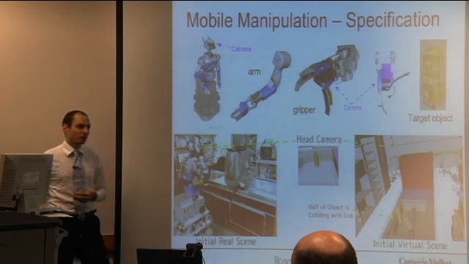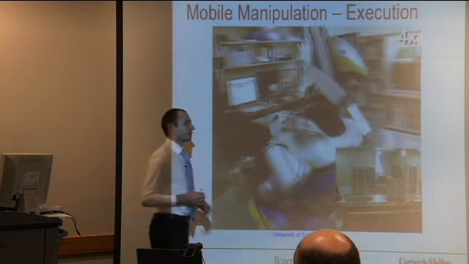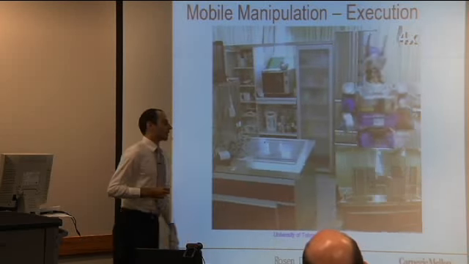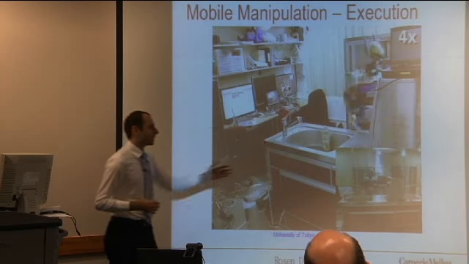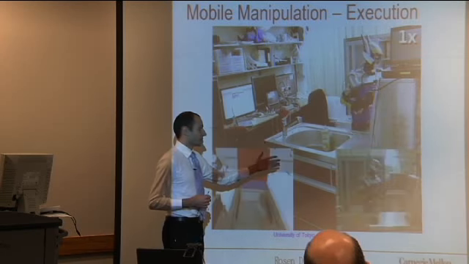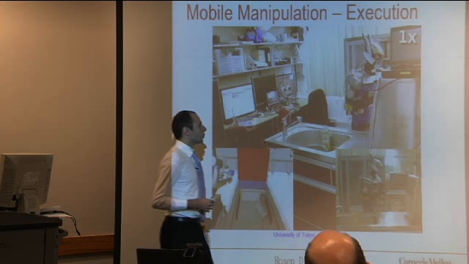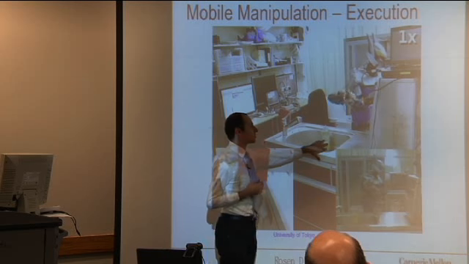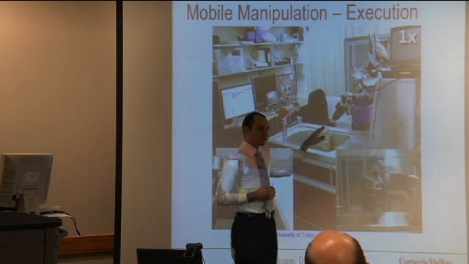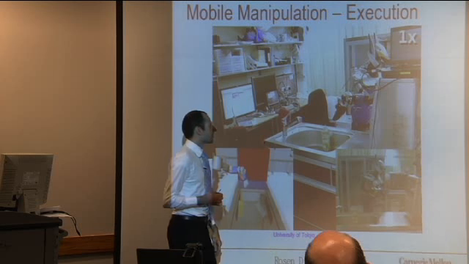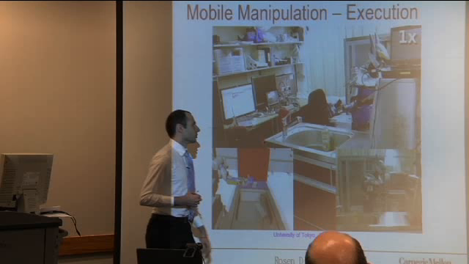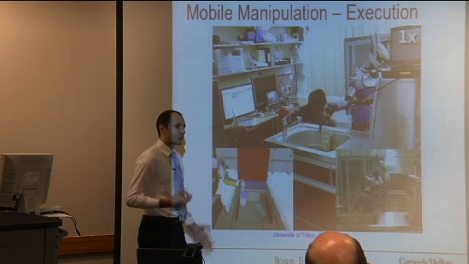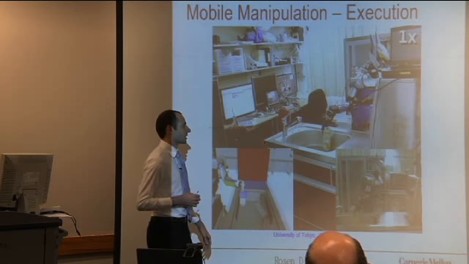And what we want is a program to compensate for this behavior. So the robot should figure out where to navigate, where to put its base. It should figure out a way to get a better estimate of this position, and here it uses its gripper camera. Then it figures out a way to grasp this object using manipulation planning.